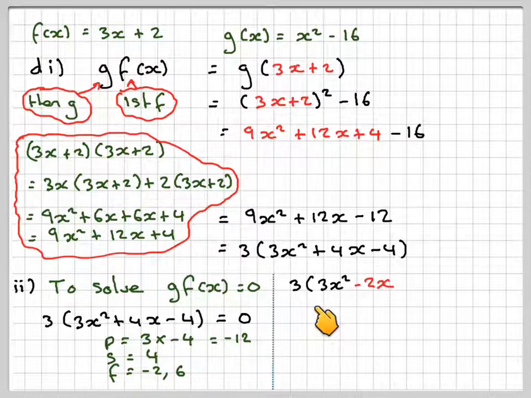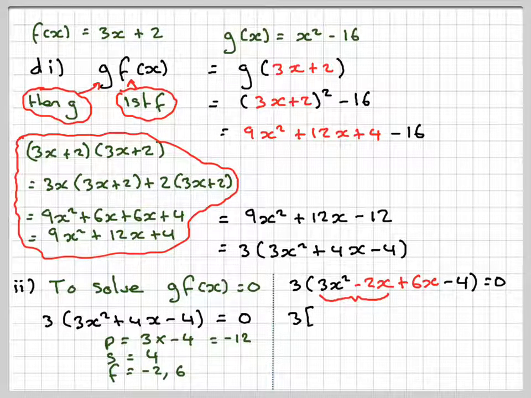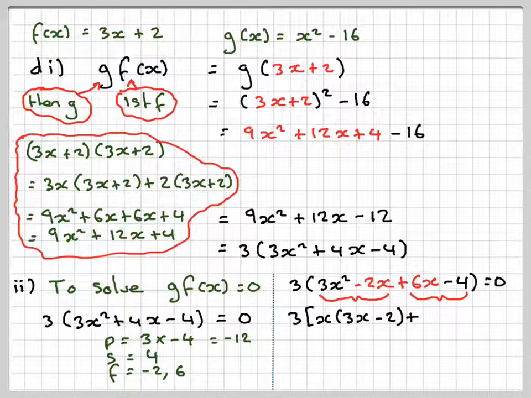So if we now take our quadratic 3x squared and split the middle term up into minus 2x plus 6x minus 4 is equal to 0. And then we've still got that 3 at the front, but we've got a common factor here of x, and we're left with 3x minus 2, and bring down the plus, group these two together, we've got a common factor here of 2, and then we get 3x minus 2 is equal to 0.